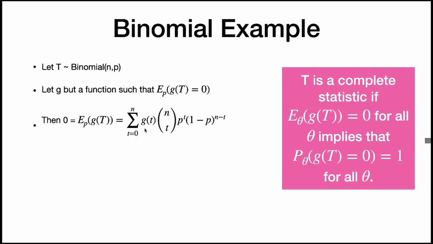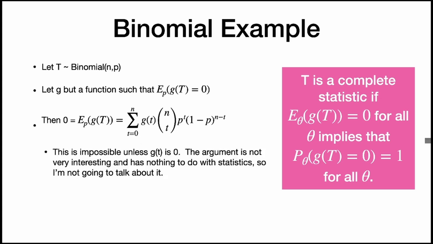And is that true? Well, it's not at all obvious. These numbers here are all positive. So do these numbers have to be 0, or could we make a function that maybe sometimes is negative, sometimes is positive, and will always be 0, regardless of what p is? And this is actually impossible unless g of T is 0.